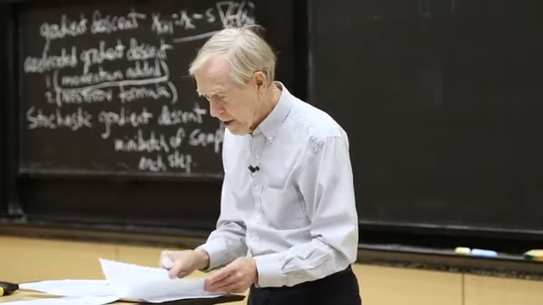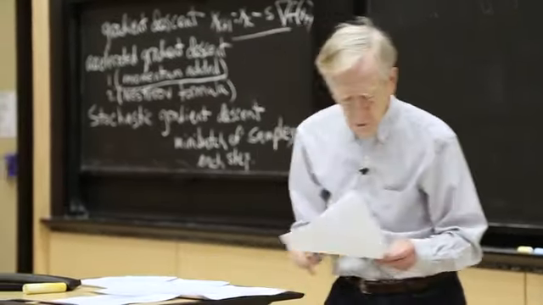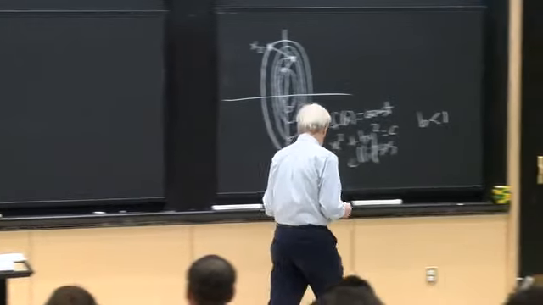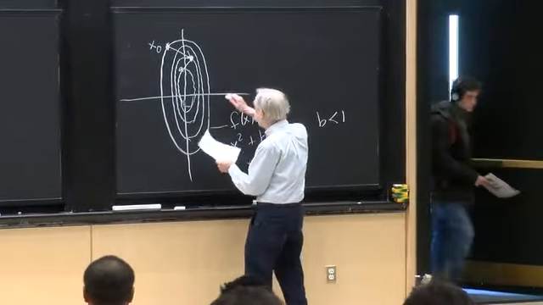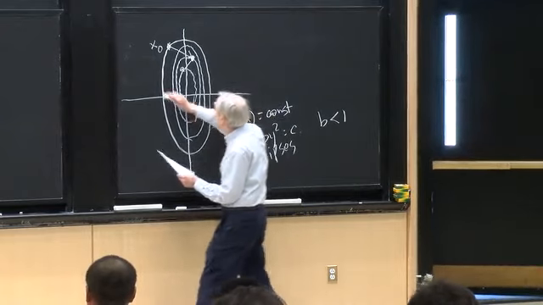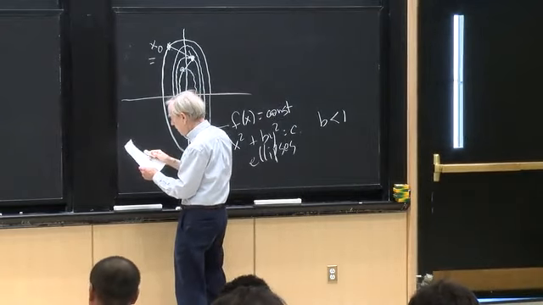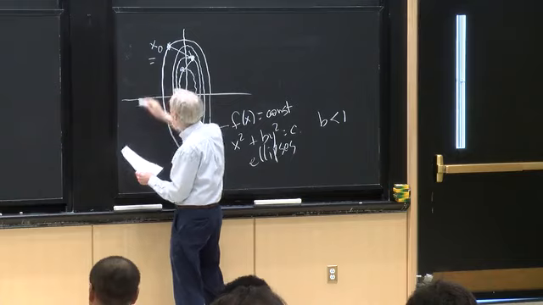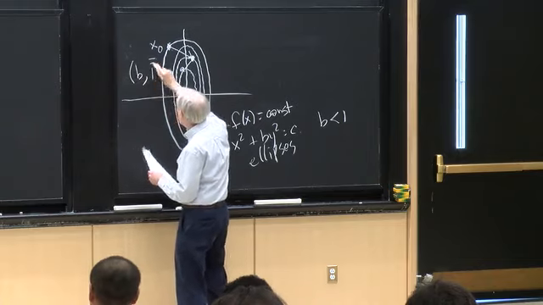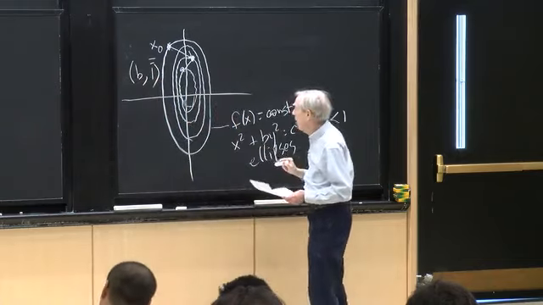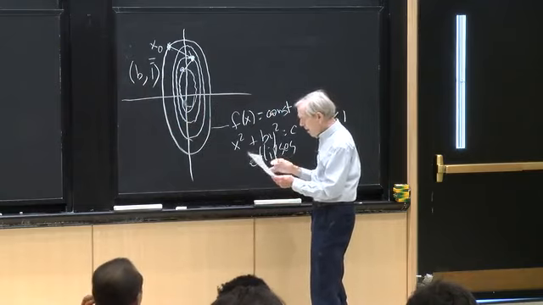The formula has those powers of b, the magic number. So we start at the point B1 and follow this path.